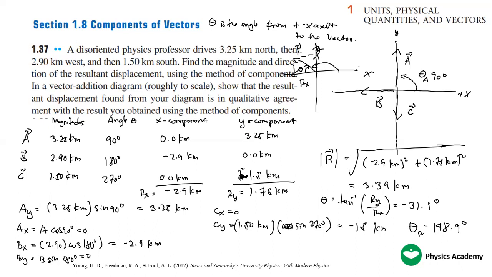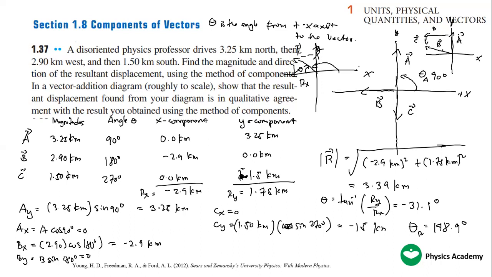So your magnitude is 3.39 kilometers, and your direction is 148.9 degrees from the positive x-axis. If you draw the graphical method, the vectors would look like this: vector A plus vector B plus vector C. Then this is your resultant vector.